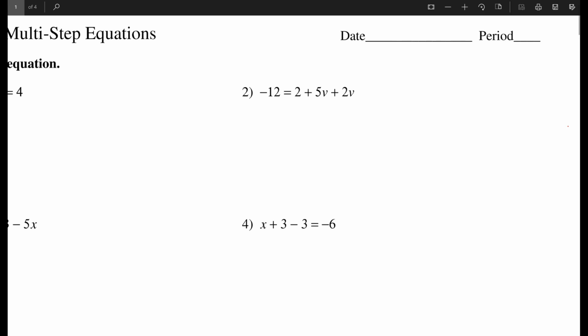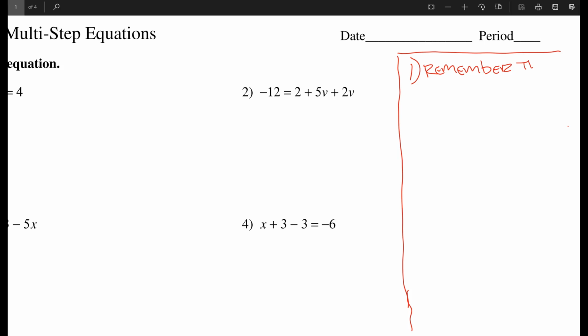So what I want you to think about while we're doing this is over here I'm going to put some key notes that I want you referencing back, and you're putting these notes on your page as well. Step 1, every time, remember the goal. Now, what is the goal, you might ask?